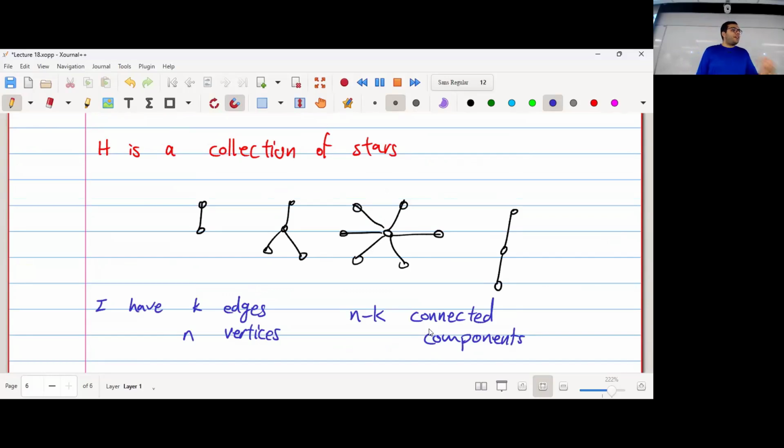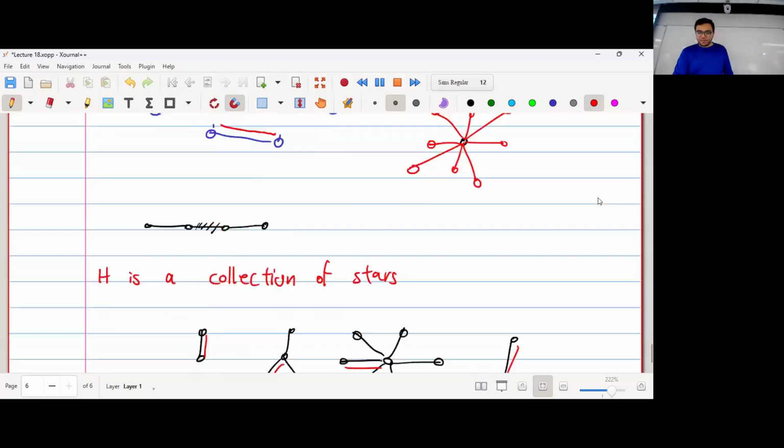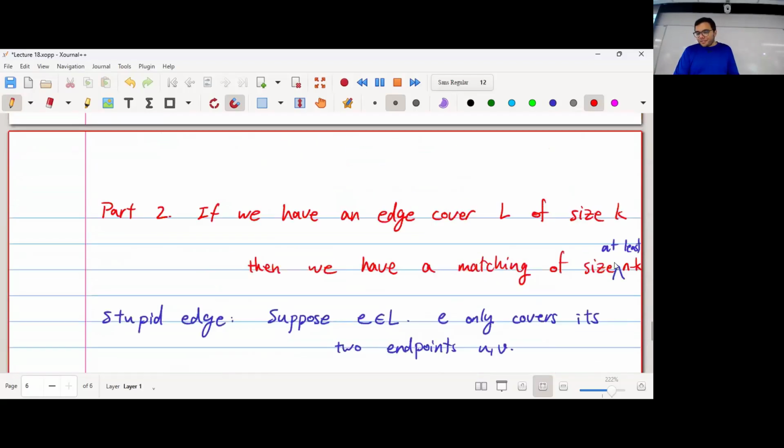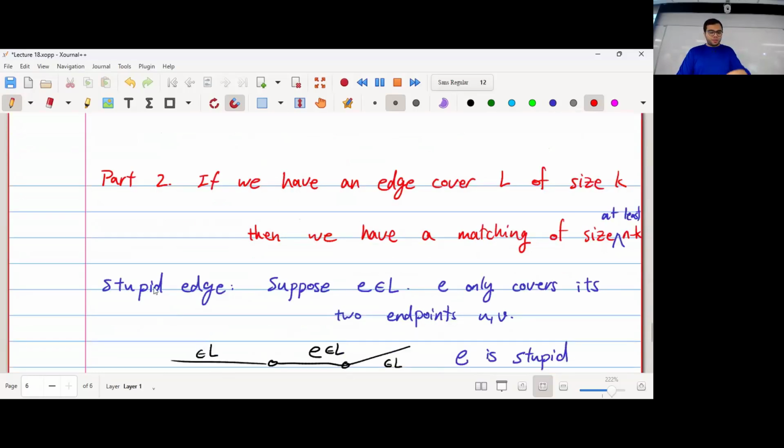So I can just take one edge from every connected component, and I don't care which edge you take. That's going to give you a matching of size N minus K. Now, again, we have this at least here because this was not my original edge cover. I removed some unnecessary edges, so maybe the size of the edge cover went down, which will make the size of the matching go up.